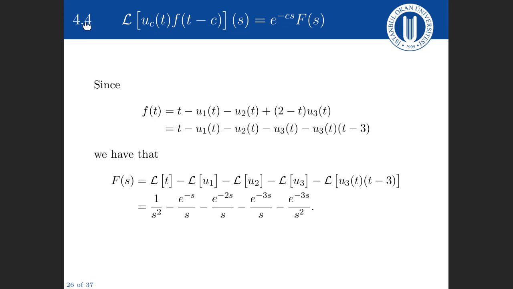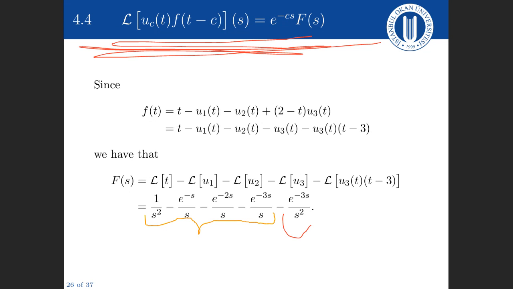The first 4 are easy. We can just look these up on the table of Laplace transforms. For the final one, we use the formula at the top to see that we have e to the power minus 3s multiplied by the Laplace transform of t. But of course, the Laplace transform of t is just 1 over s squared. So we go e to the minus 3s multiplied by 1 over s squared.